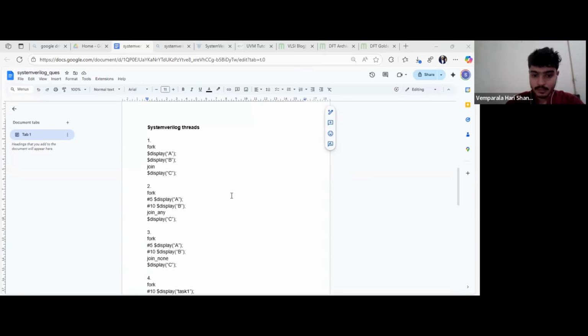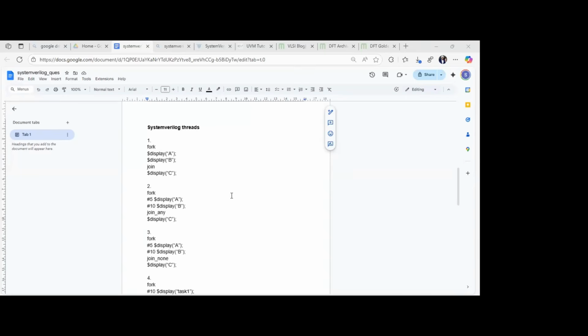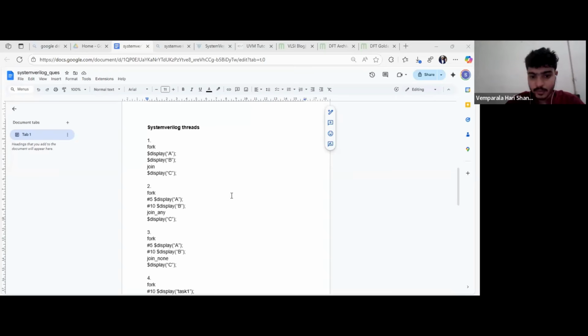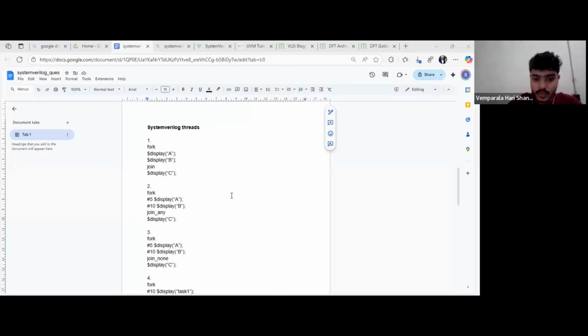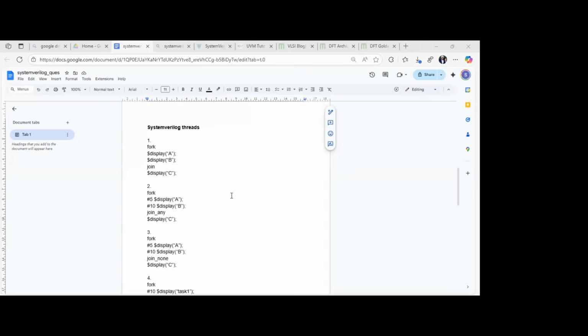Output will be A, B, C. Don't you think that first the A will be printed at 5 nanoseconds, and then C immediately after A, and then B later? Yes, ma'am. Perfect. Can you give me the explanation why? Both, join any keyword means before will be displayed and after that C will be displayed. A, C, and then B.